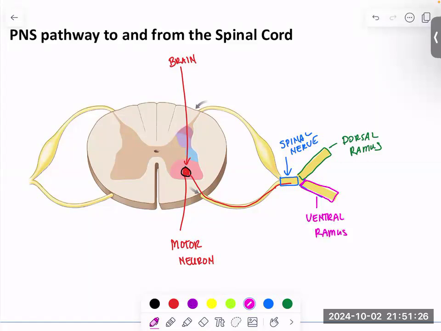So this motor neuron, if it's going to go to the back side of the body, like your back muscles, it's going to travel out of the dorsal ramus. If it goes to your front muscles, like your abs, technically, your limbs are considered the ventral side. So your arms and legs, it's going to go that direction.